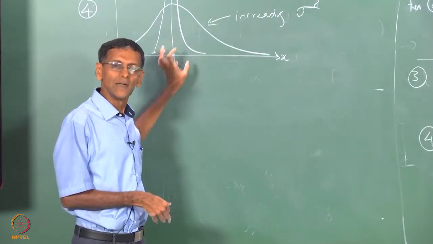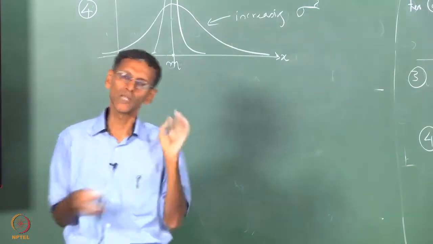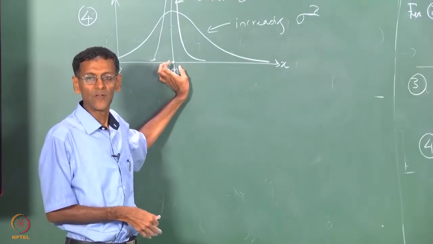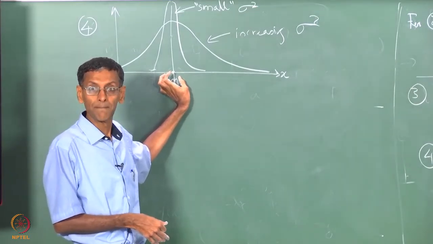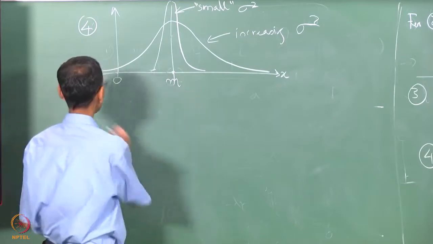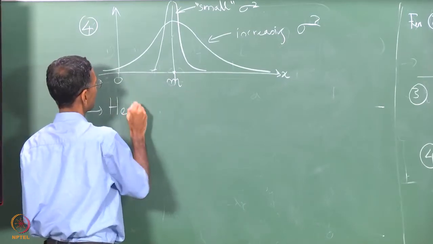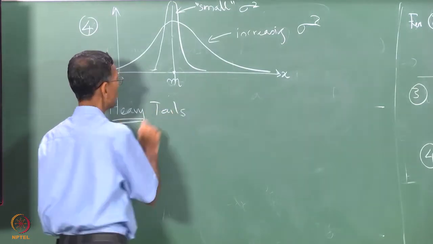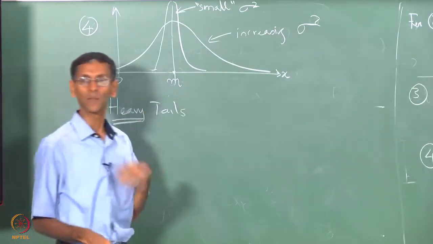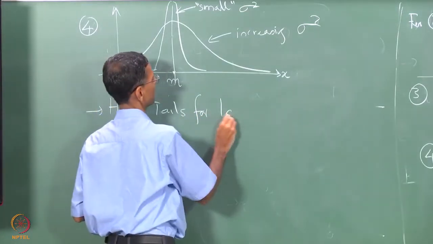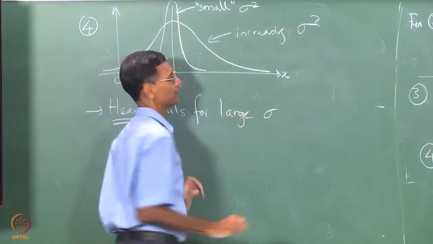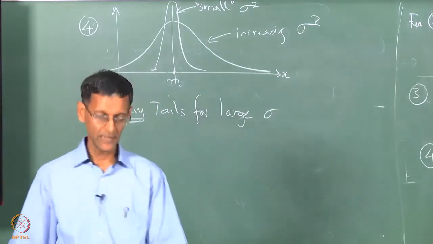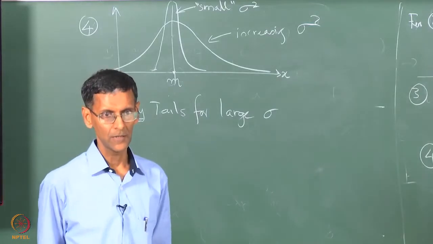So you get a degenerate case where all the probability is concentrated in a small interval around m for very small sigma. You get heavier tails for larger sigma. This word heavy tail comes up a lot. Okay, I will just leave it as sigma. Okay, so I think I will close here.